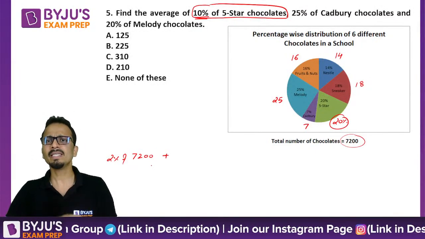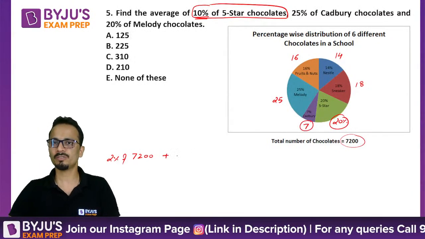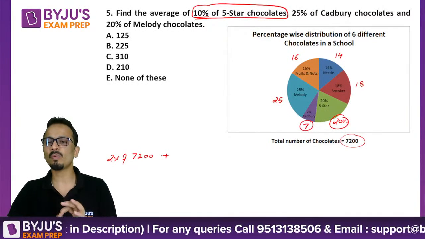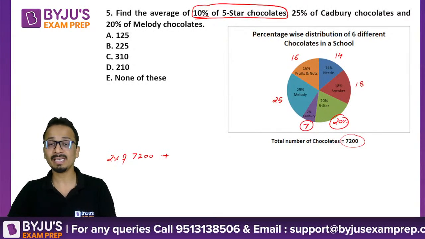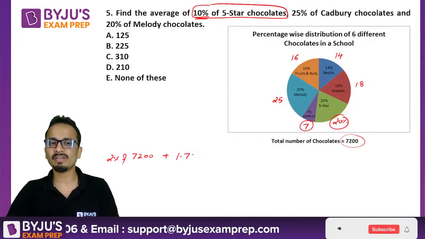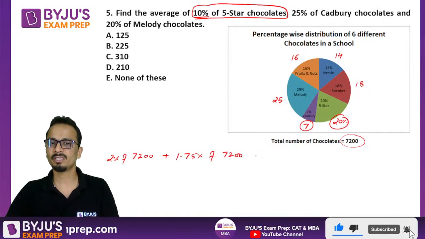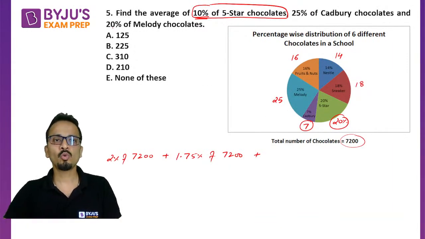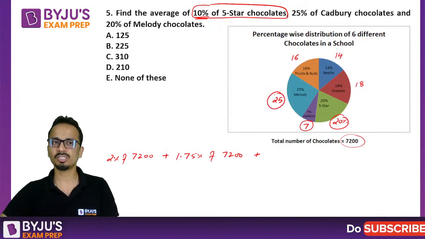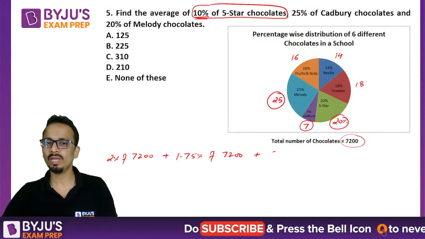Then 25% of Cadbury. Now Cadbury is 7%. So 7 का 25% कितना होता है? It will be 1.75% of 7200. Last, 20% of Melody chocolates. So Melody is 25%. तो इसका 20% कितना हो जाएगा? 20% of 25 will be 5.